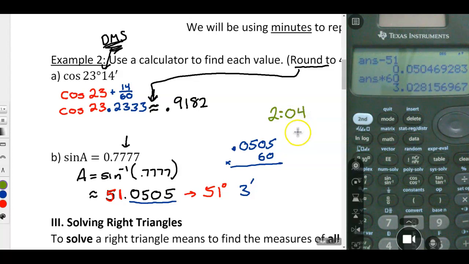You don't just say 2:4. You always put that 0 in front. So we do the same thing here. The minutes will always be 2 digits, from 0 to 59. Small formatting thing: the minutes have to be 2 digits.